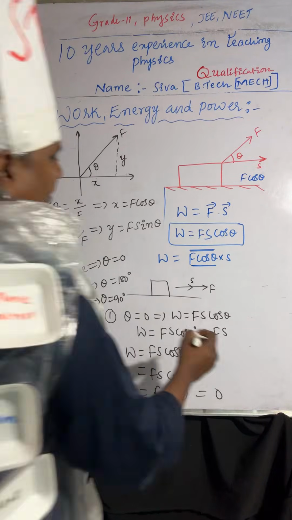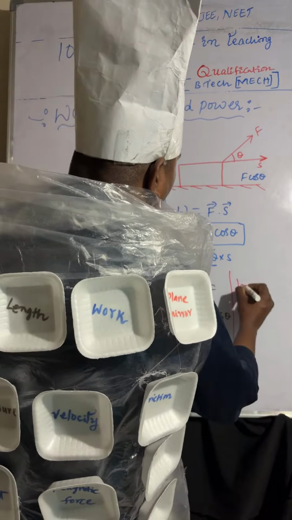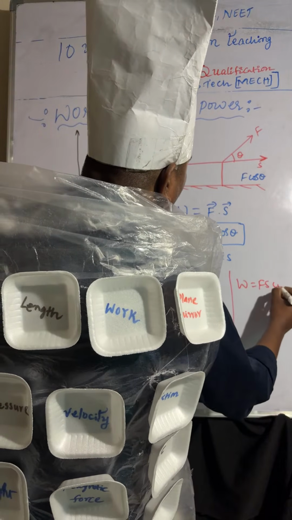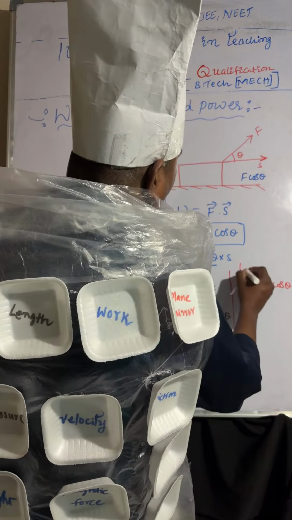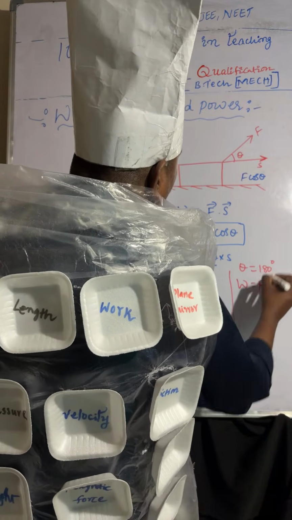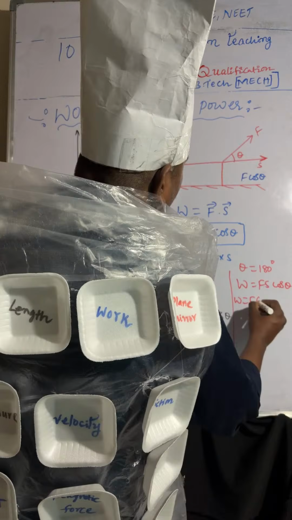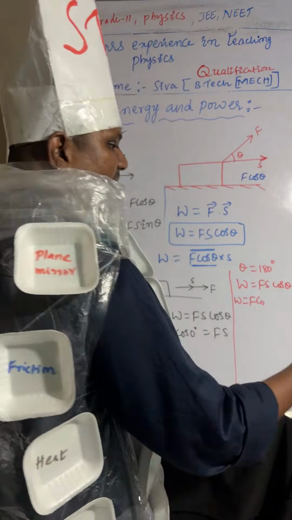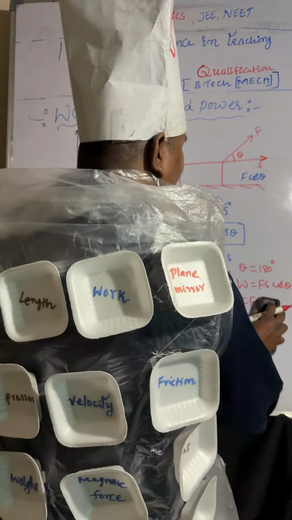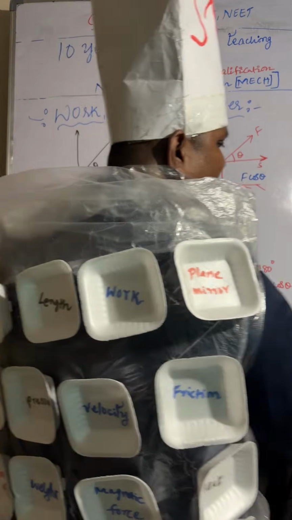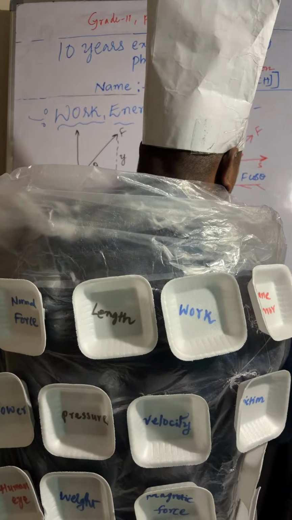Understood or not? W equals F S cos theta, so with theta equal to 180 degrees, W equals F S cos 180 degrees, then W equals minus F S. Work done is negative.